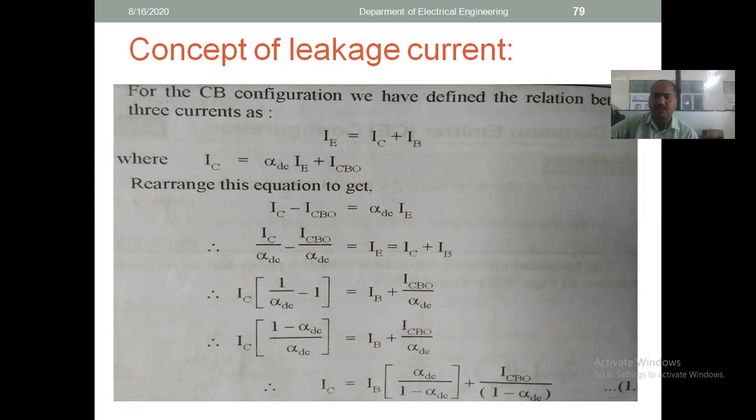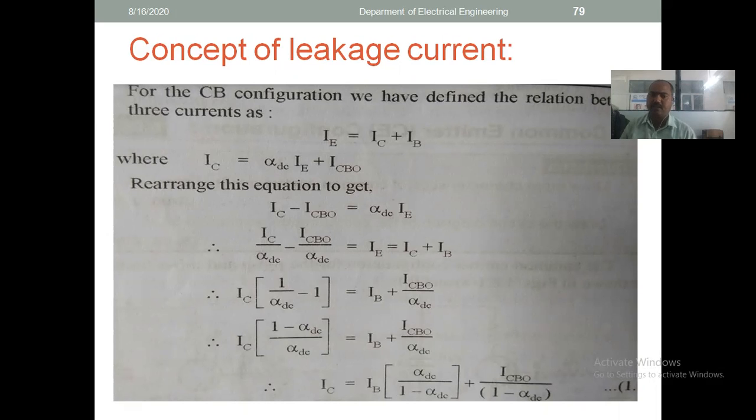For leakage current, there is one equation, the relationship: emitter current equals collector current plus base current. We normally consider IE equal to IC. Why? Because the value of the base current is negligible. That's why we take IE equal to IC plus IB.